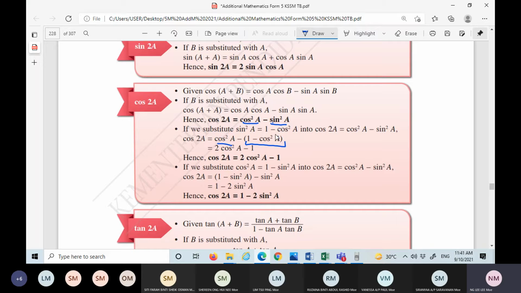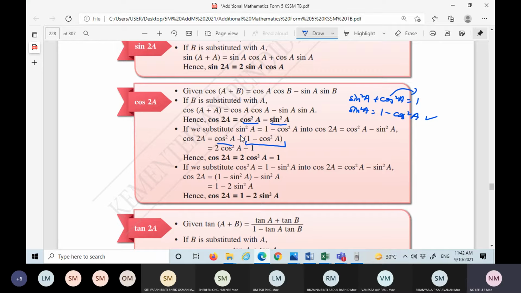It comes from the basic identity: sin square A plus cos square A equals 1. Therefore, to replace the sin square A, this one moves to this side, so it's 1 minus cos square A. Replacing the sin square A becomes 1 minus cos square A, which comes from the basic identity.